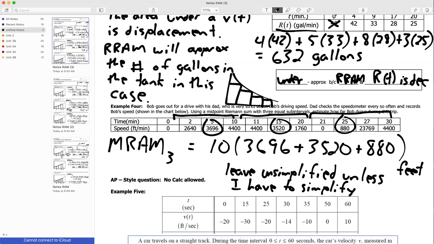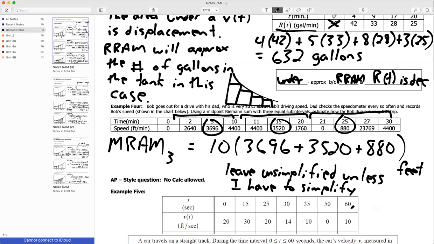But it's perfectly fine to leave it like that. Putting units on there if they ask for it. Okay, so any questions on these 2 examples that we have done?